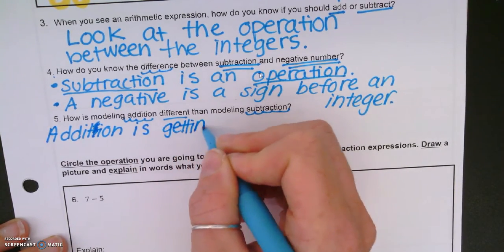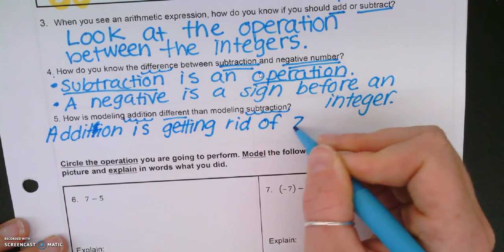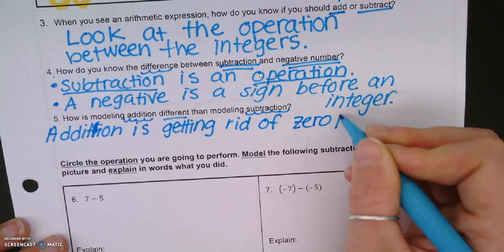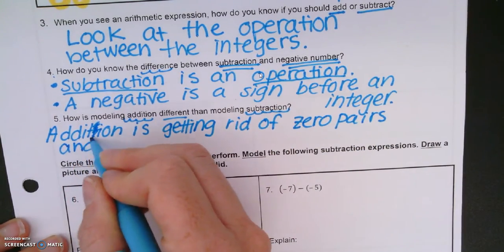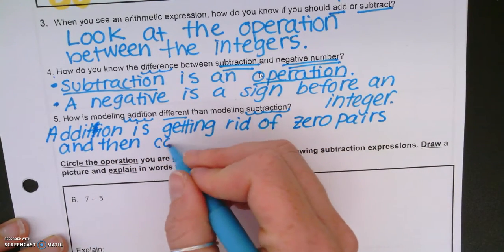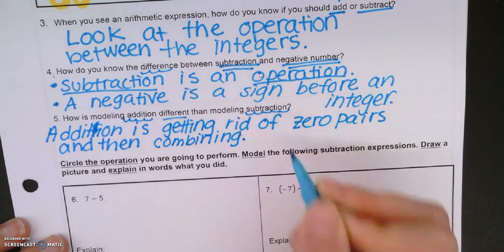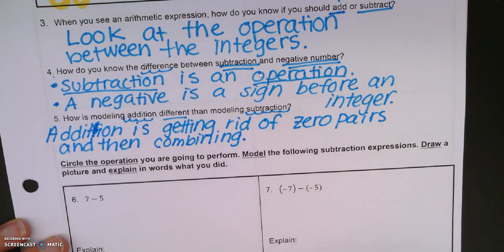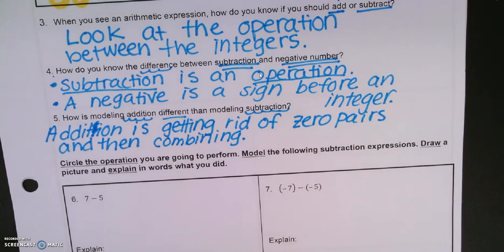When we're modeling, addition is getting rid of 0 pairs and then combining. So if I got rid of all my 0 pairs and I had 3 negatives left, I'd combine my 3 negatives to get, yeah, -3. Good job.